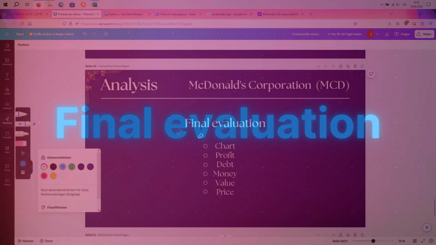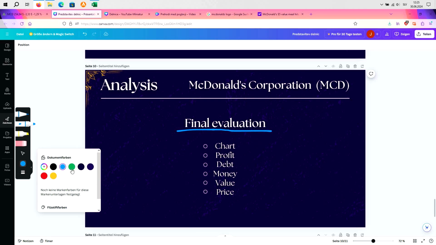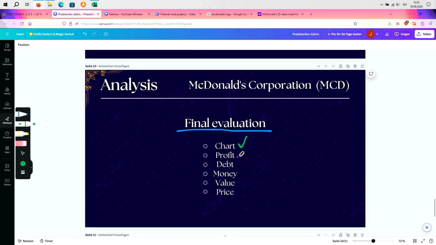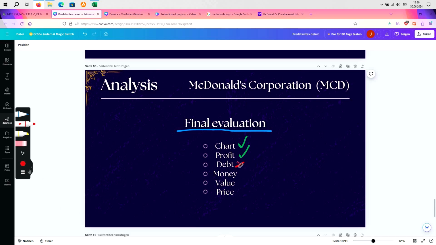And now we come to the final evaluation, where we are just going to summarize everything that we found out about McDonald's so far, okay? So in terms of the chart, the chart is really impressive. It's growing through the years, which is what we want to see. Profit as well, it's growing exponentially, just like the chart, so that's a good thing. Debt is also unfortunately growing, so this is not a good thing.